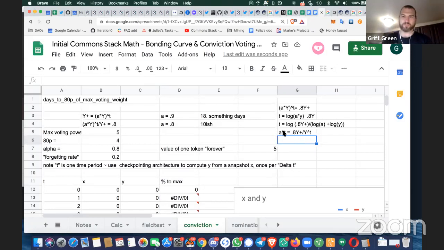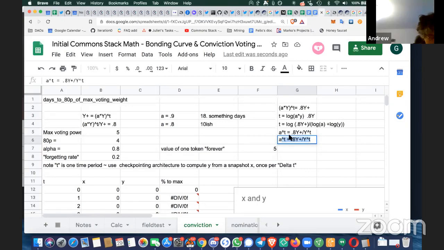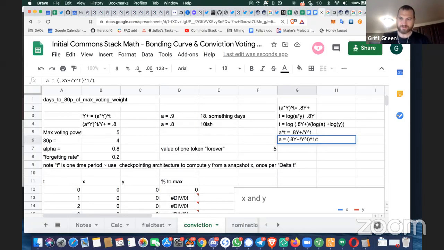Like if this was alpha squared equals this, we could just square root both sides. Yeah, okay. So here we take the t-th root of both sides. So alpha equals 0.8 y plus over y to the power of 1 over t, basically the root of t. So let's see if this is right here.